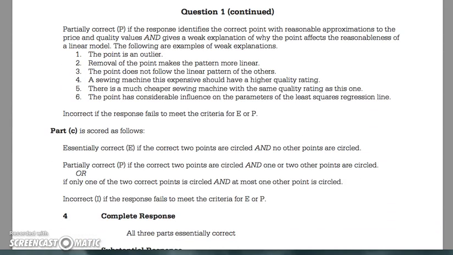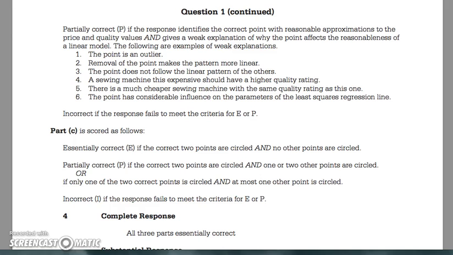Partial credit, P, if the response identifies the correct point with reasonable approximation to the price and quality values and gives a weak explanation of why the point affects the reasonableness of a linear model. The following are examples of weak explanations. 1. The point is an outlier. 2. Removal of the point makes the pattern more linear. 3.